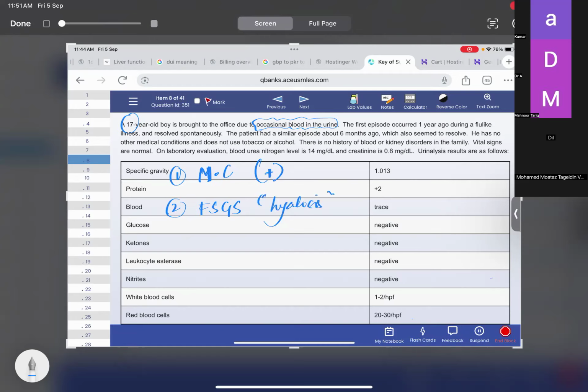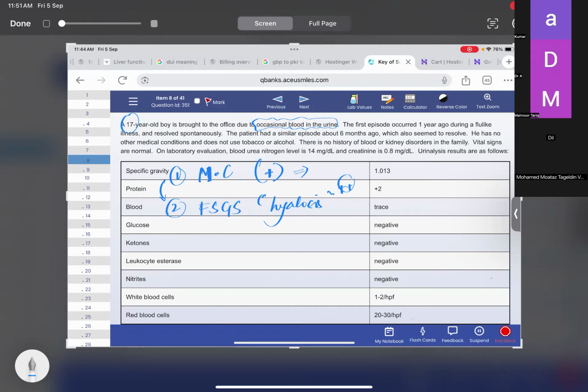We call it hyalinosis or sclerosis. So the injury I can label as double plus, okay? The second is more severe than the first one.